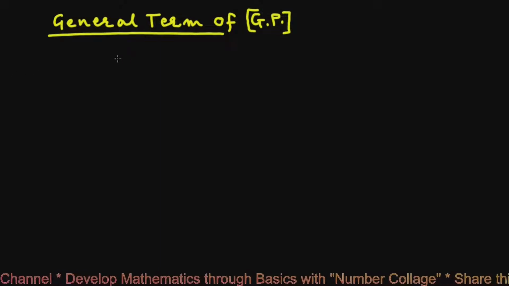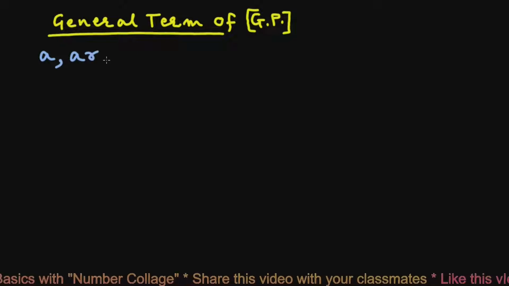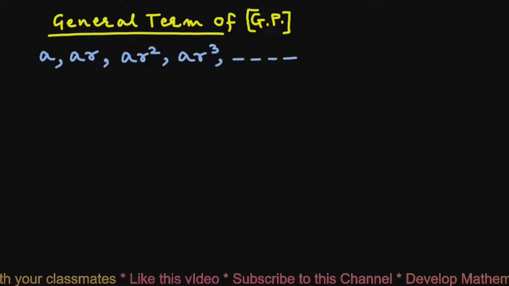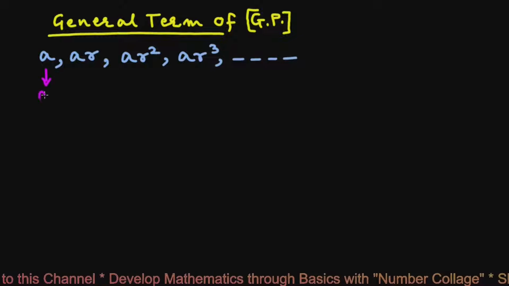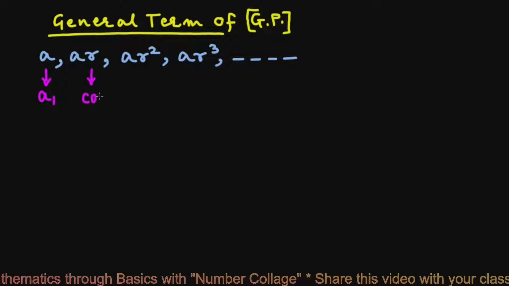We have seen we can write a general GP as a, ar, ar squared, ar cubed, and so on and so forth. Here a is the first term a_1 and r is the common ratio.